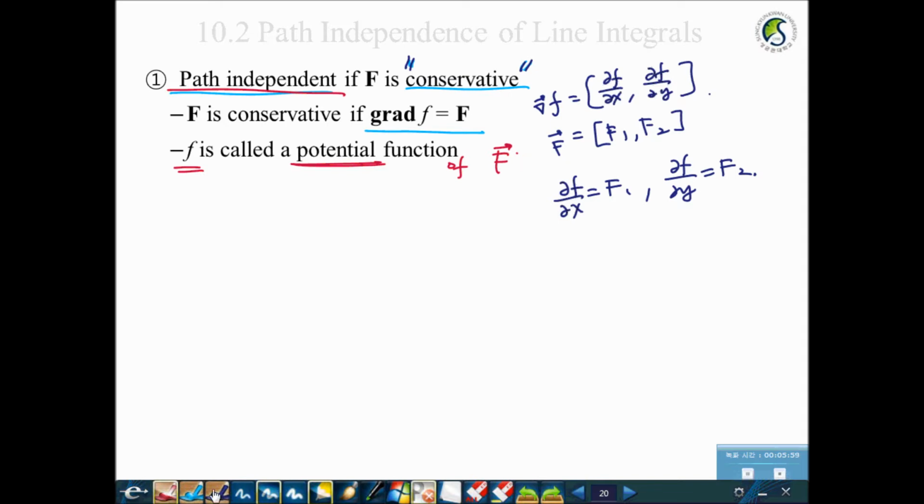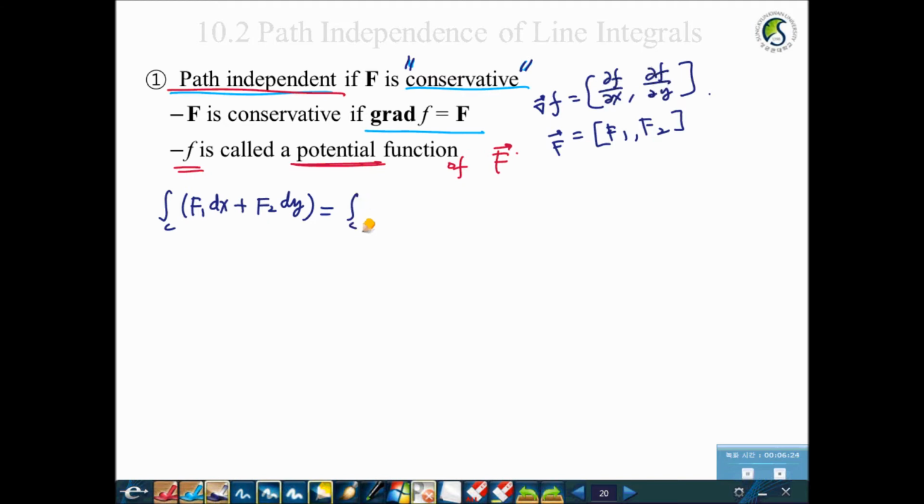The proof is easy. You integrate F1 dx plus F2 dy. We could do the same thing for three dimensions, but for simplicity I'm just writing 2D.